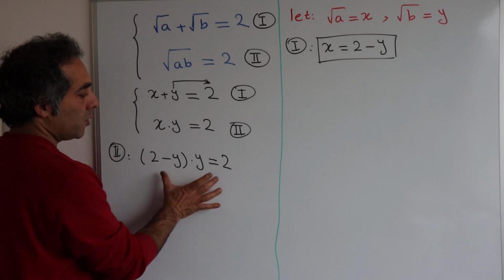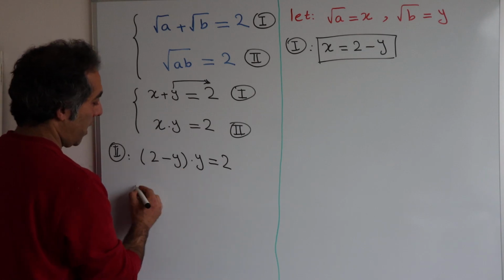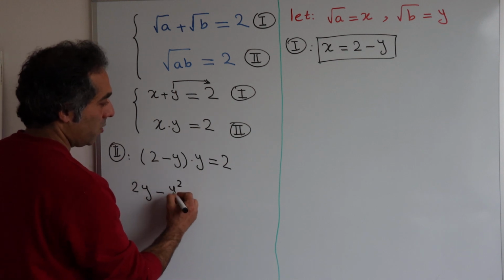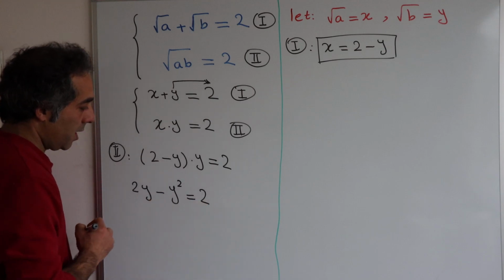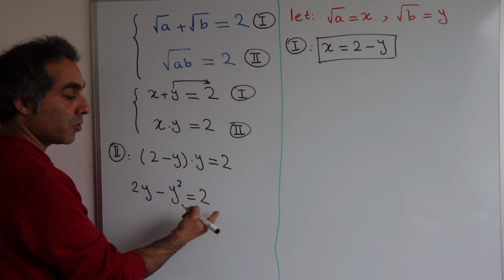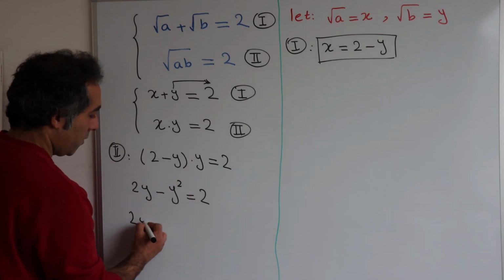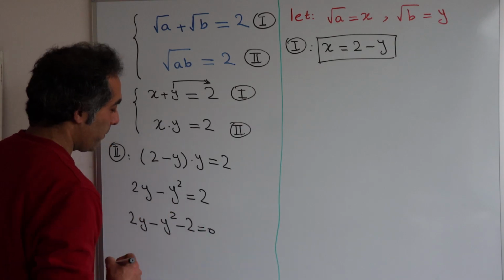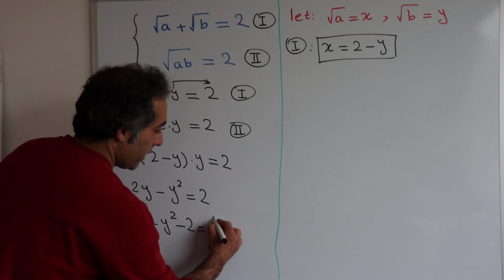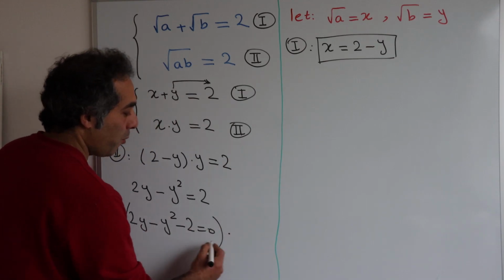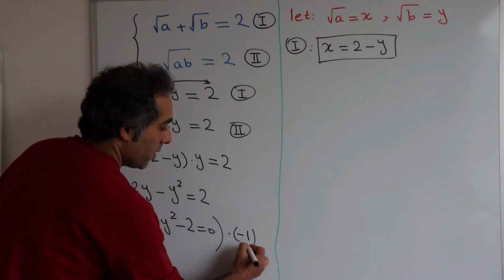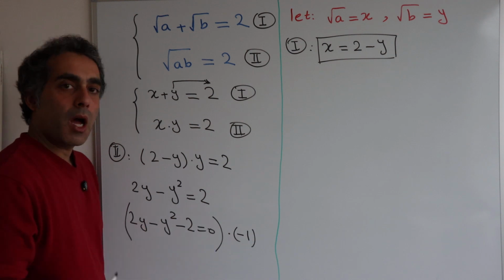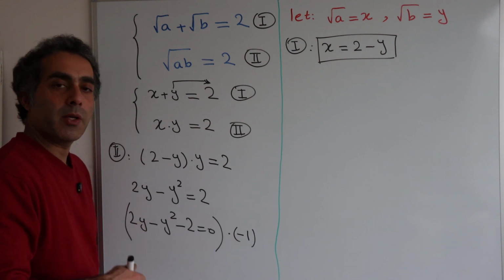By multiplying these two terms, you have 2 times y, 2y, minus y times y, y squared, equals 2. Now I can take these two to the other side. 2y minus y squared minus 2 equals 0. Now I can multiply both sides by minus 1, because in the standard form we don't like any numbers or sign behind y squared.